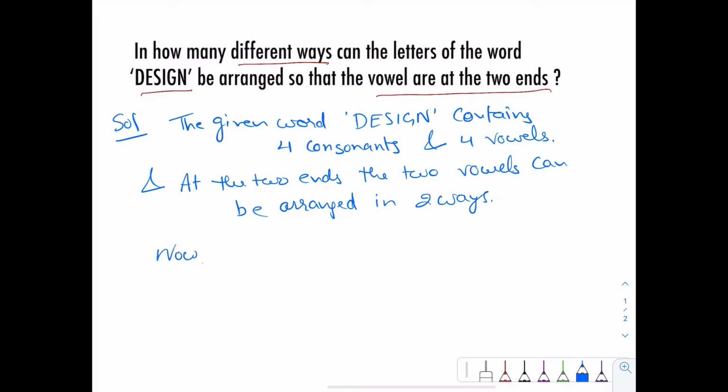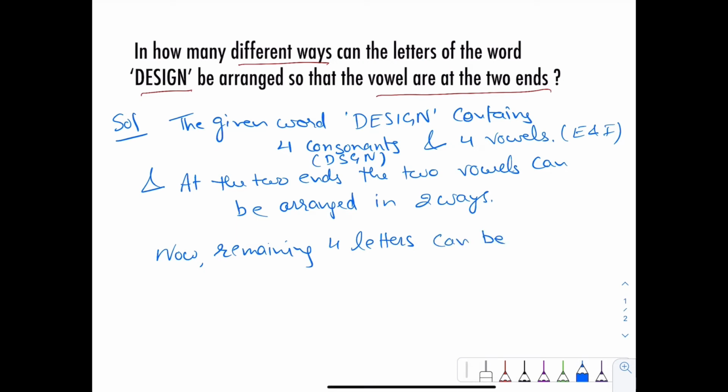Now, remaining four letters: vowels E and I, and consonants D, S, G, N. So, the remaining four letters can be arranged in factorial four ways.